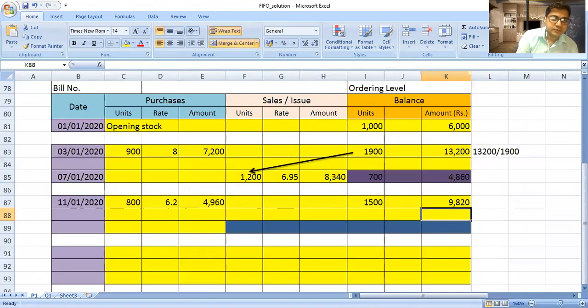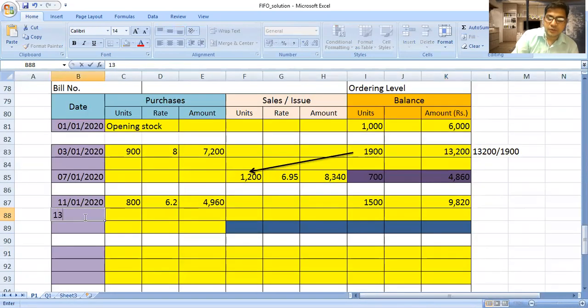So we will write here 13 January 2020, 300 units, 6.40 per unit. Use your calculator, 300 into 6.40. Yes, 1920.